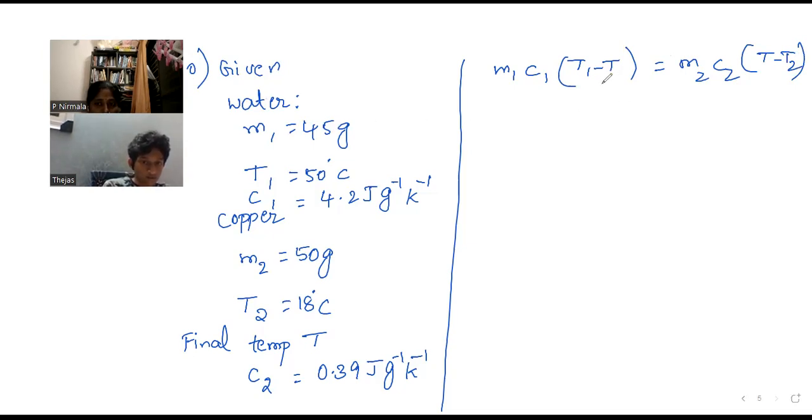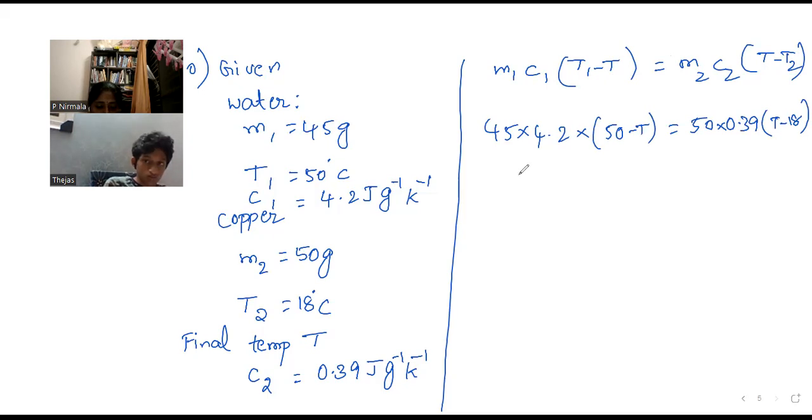The water temperature is decreasing, copper temperature is increasing. So T minus T2. Now substitute: 45 into 4.2 into 50 minus T. Here 50. 0.39, here T minus 18.